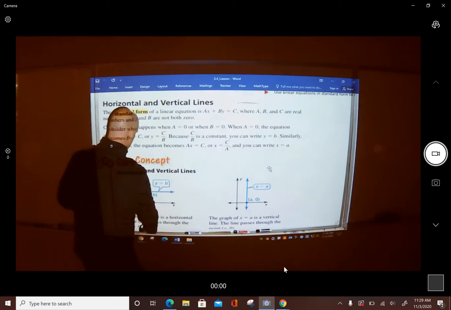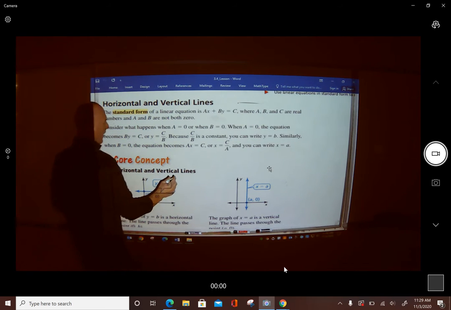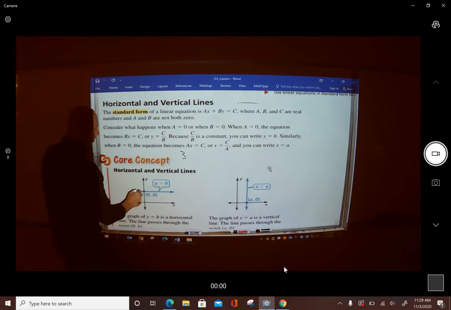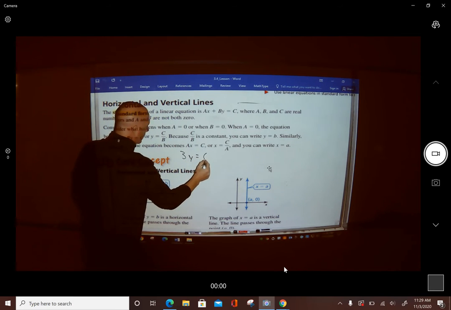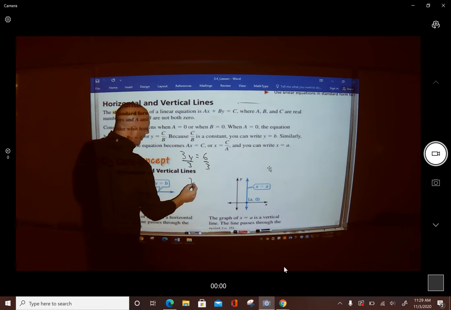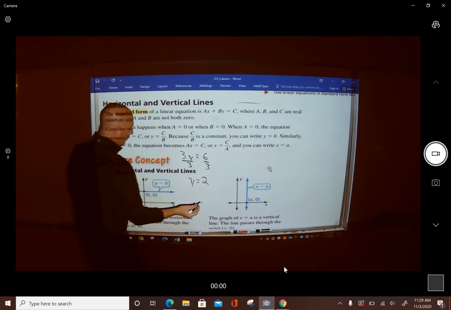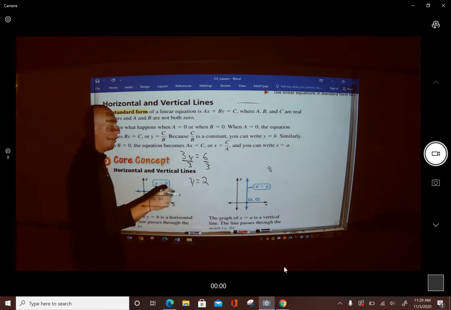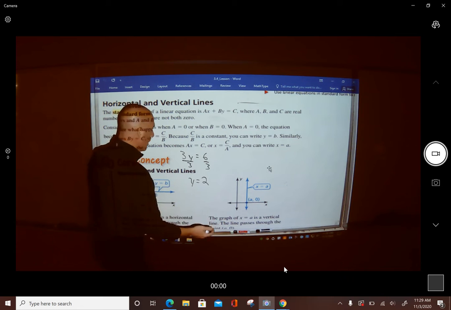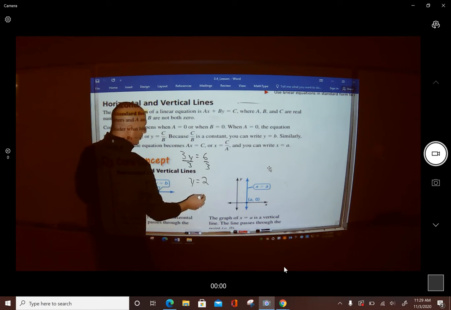So what that really means is, let's say I have 3y equals 6. When I solve for y, I'm going to divide both sides by 3, and I would have y equals 2. Up till now, our only method of graphing is to plot points. And all I know is y equals 2.